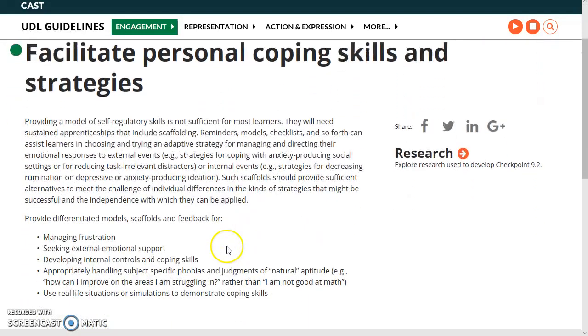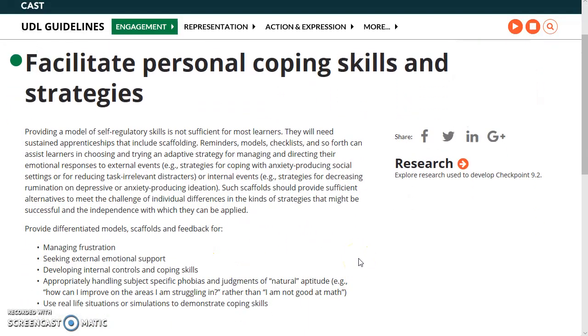This also mentions facilitating coping skills and strategies, managing frustration, that's a lot in the growth mindset, and developing internal controls and coping skills. The characters really model this in the videos, using real-life situations. They are almost always in the classroom in these videos, which is great.